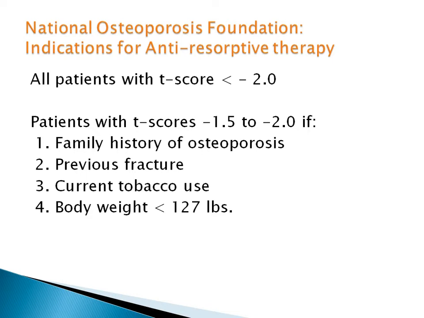But if the patient has a T-score in the osteopenic range, and there's a family history of osteoporosis, a previous fracture, history of smoking, or a low body weight, then they would recommend consideration of a bone pharmaceutical, especially a bisphosphonate.